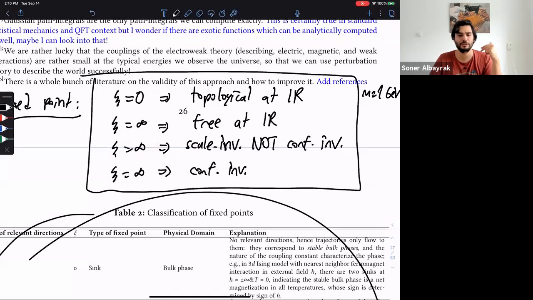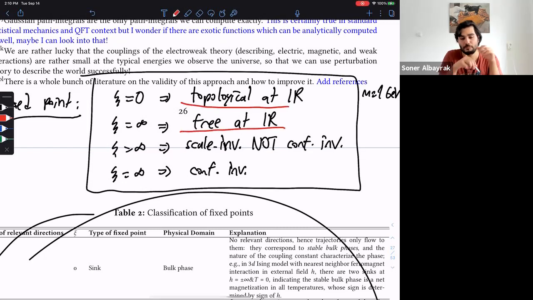It's very heavy for you, so it will just freeze. So you will not have any degrees of freedom, and you call that a topological theory. No degrees of freedom left. If Xi is infinite, then the theory can be free, like the Gaussian fixed point. It can be scale invariant but not conformally invariant, or it can be conformally invariant.